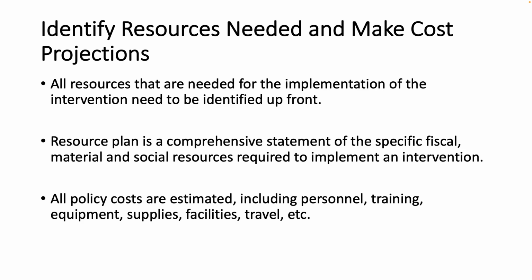So all program or policy costs are estimated, including personnel, training, equipment, facilities, supplies, travel, and everything else that you can include. Technology, which is included in equipment, is important, but keep in mind with technology costs, you have to refresh technology, right? Every couple of years, you have to refresh it, or you at least have to have a really detailed IT department that has good contracts.